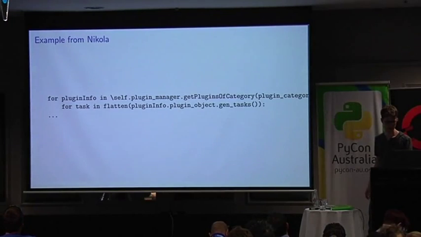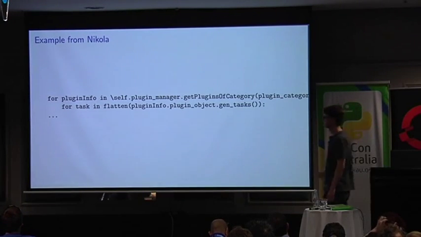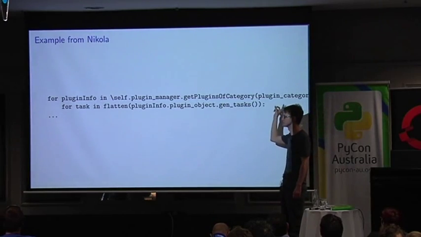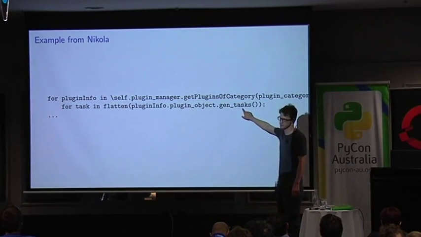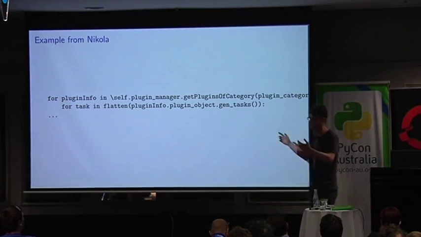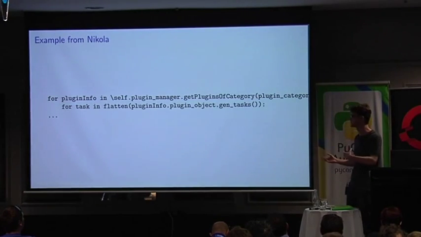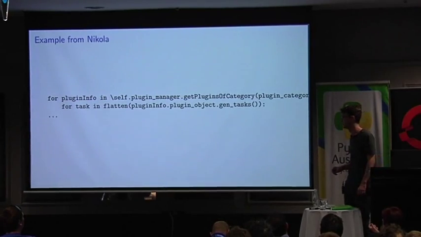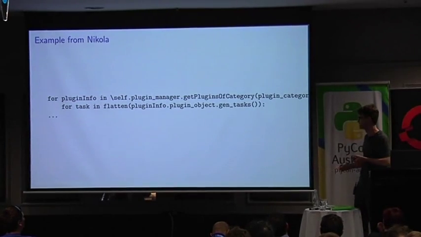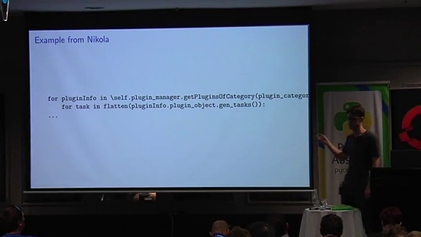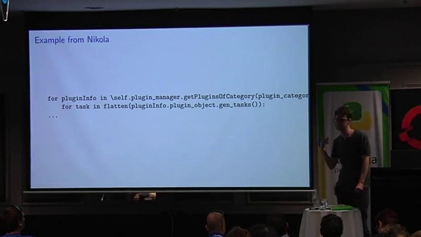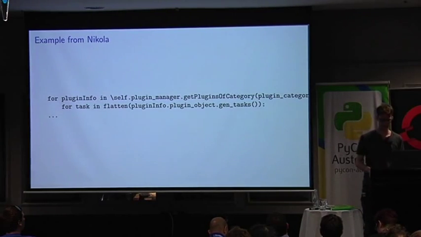So the main magic in Nikola is that it just iterates through all the plugins it knows about, says, give me the tasks you've generated, and then hands it off to Doit. Nikola doesn't actually do any of the work, it just gives it to Doit to make everything happen. So the plugins all define a bunch of tasks, Nikola hands it off to Doit, and it regenerates only the bits and pieces of the website that actually matter.